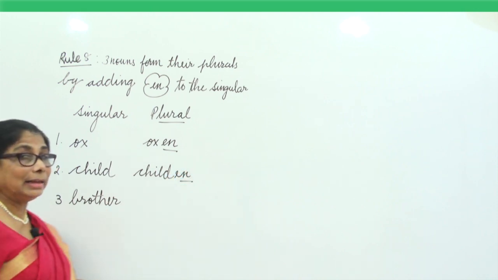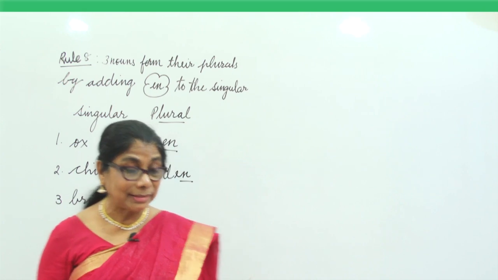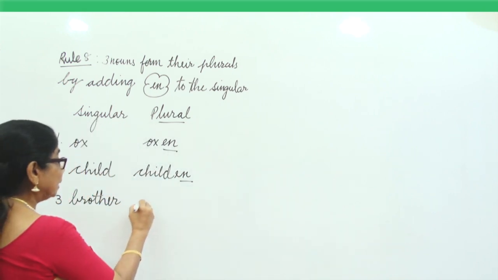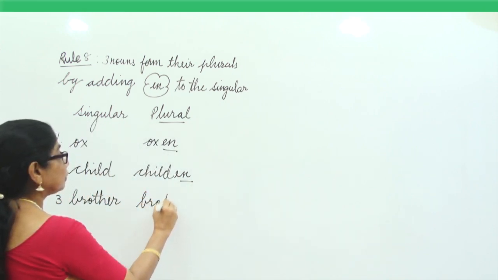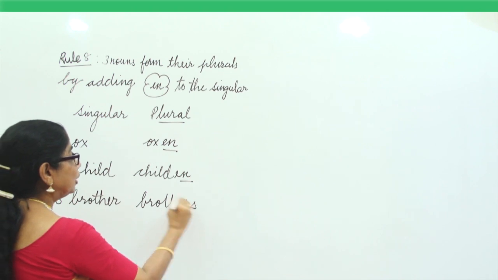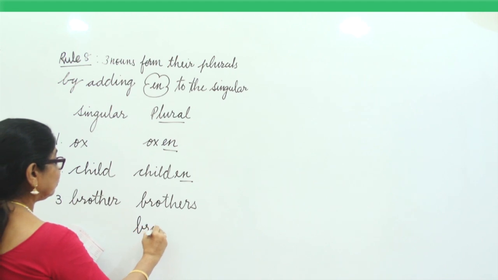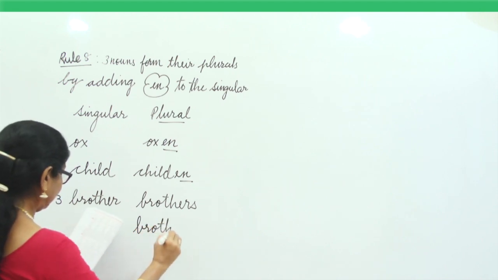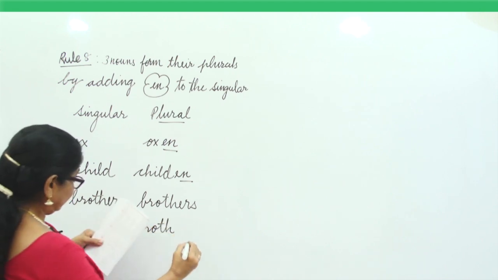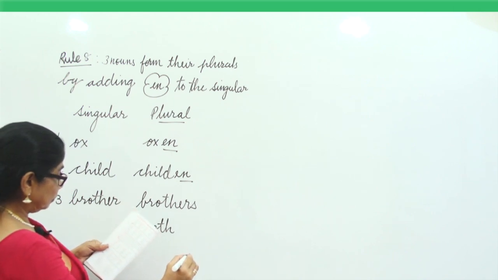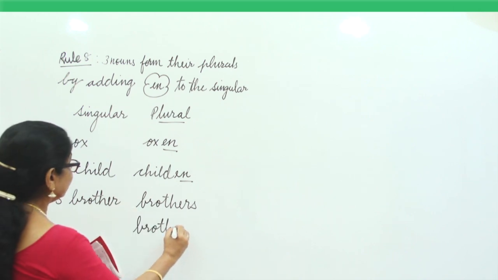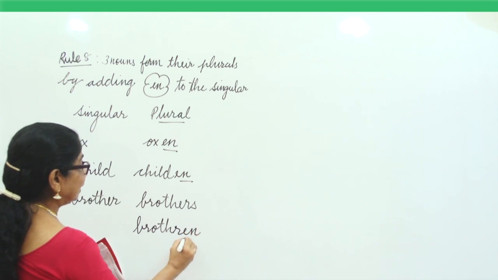In brother, you can say the plural can be brothers, but you can also say brethren. Brethren.